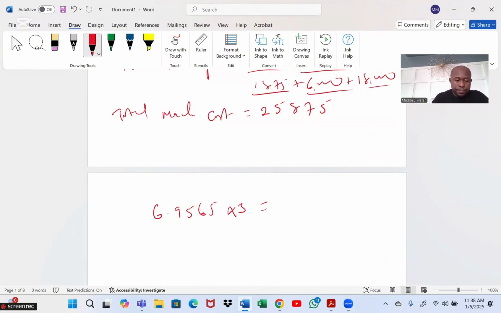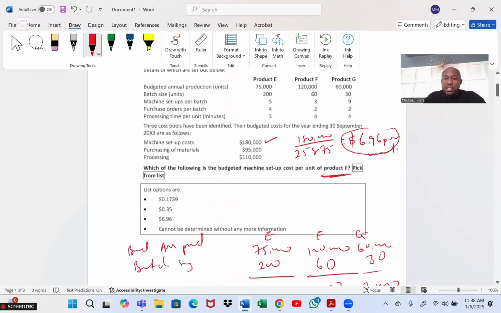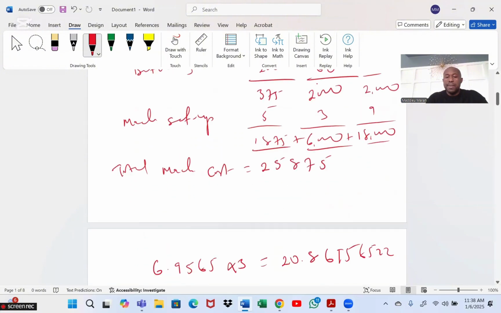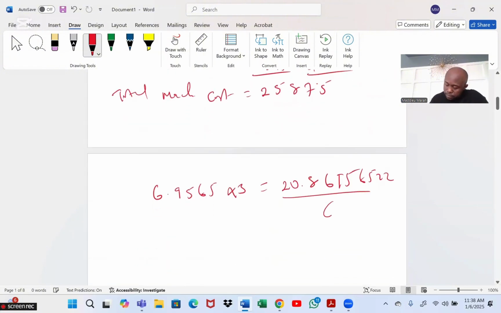This will give me 20.86956522. This is the machine setup cost per batch. But we want it per unit. So how many units do we have per batch in the question? The batch size is 60. So we divide this by 60. So that will be our answer. Therefore, our machine setup cost per unit would be 0.35. This is our answer.